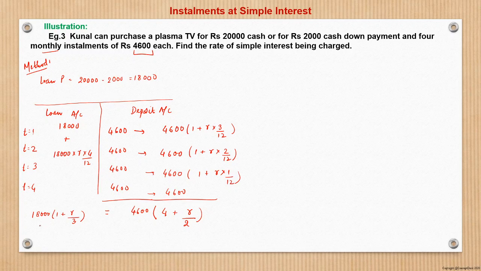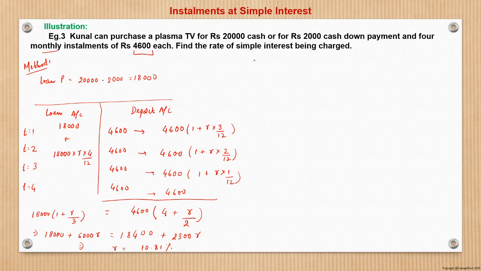So basically this becomes 18,000 plus 6,000 r will be equal to 18,400 plus 2,300 r. So if we solve this equation, we will get r is equal to nothing but 10.81%. Right. So this is the way we solve this question.